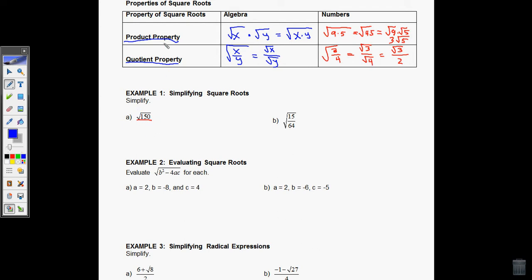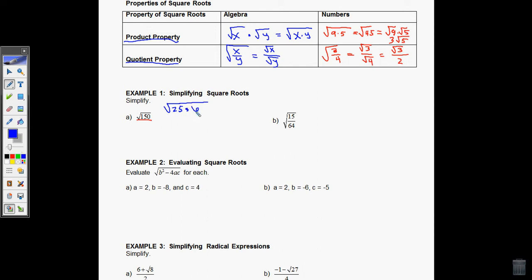So we try to use something like the product property to simplify it a little bit. Are there two numbers that multiply to 150 that I could maybe break it up like I did with the square root of 45 up here? I broke it up into 9 times 5. I think if I really rack my brain, I might be able to come up with 25 times 6.